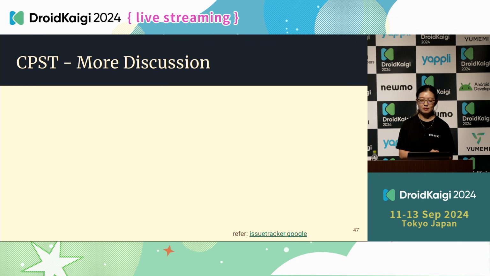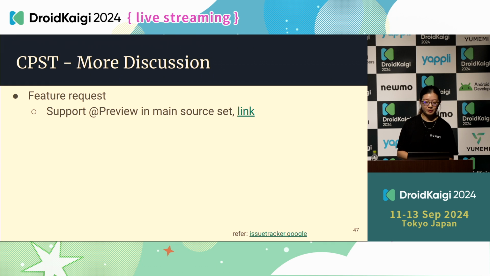Additionally, as it's still in the experimental stage, I listed the main ongoing discussions about CPST, including some feature requests, especially the first feature request. People don't want the previews to be kept in another source set.